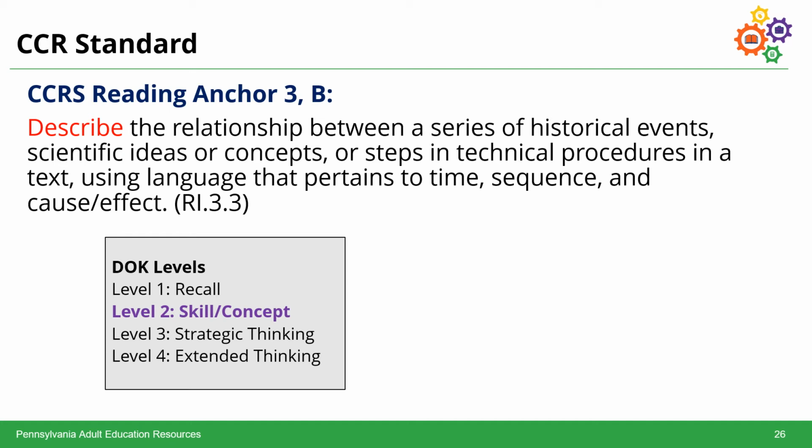This often includes the application of multiple concepts at once. Objectives for activities at this level might ask learners to make inferences, summarize information, make estimates or predictions, compare and contrast information, identify strategies to use when solving problems, or identify relationships between concepts such as cause and effect.